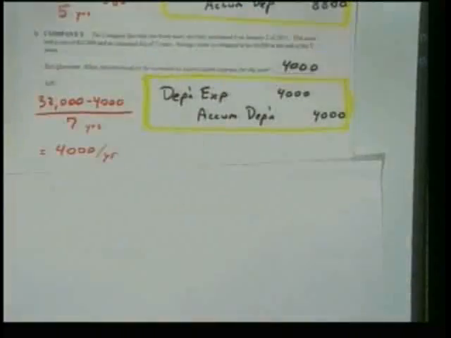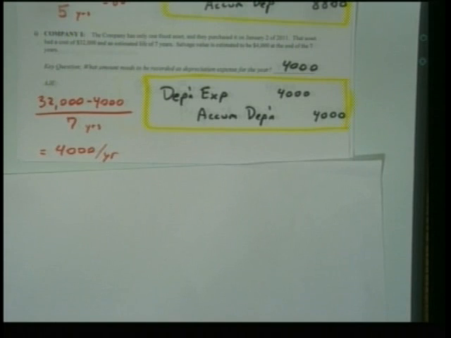Once again, to reiterate, depreciation entries are not made to try to write things down to reflect their market value. Okay? That's not why we do depreciation. We do depreciation to spread the expense over a reasonable amount of time. Okay? You with me?